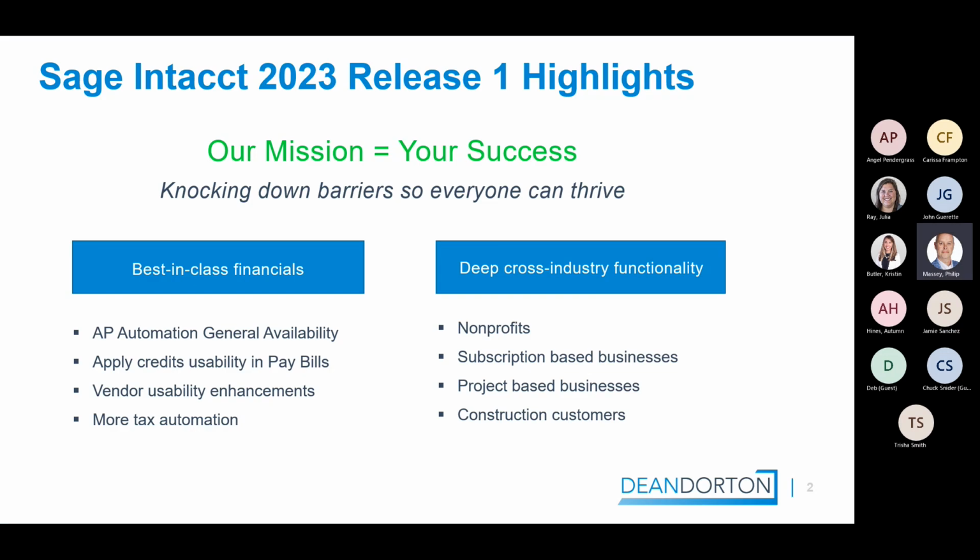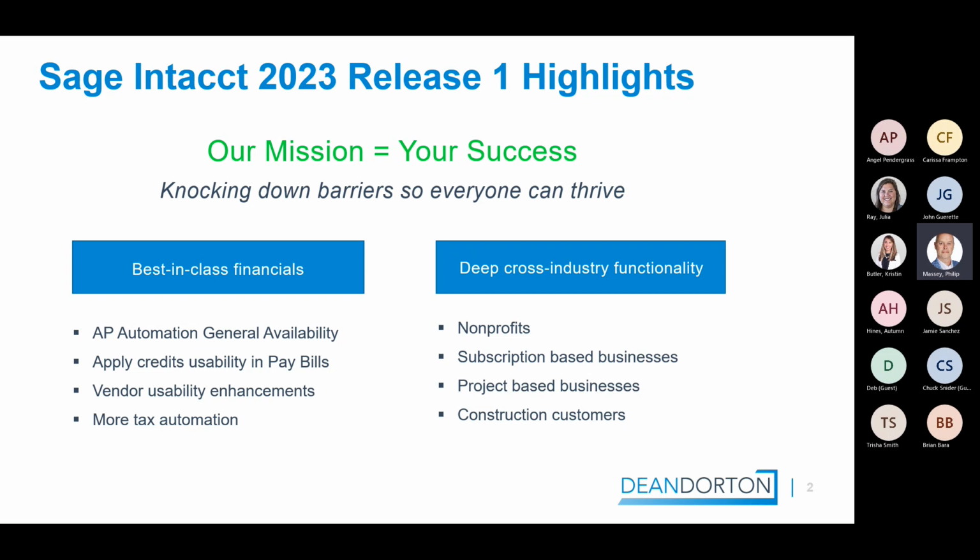Okay, so release 1 highlights. When you talk about release 1 for 2023, there is definitely an elephant in the room, so to speak, for that release. And that elephant is the AP automation general availability. So that's going to be the big thing that we take a look at today.